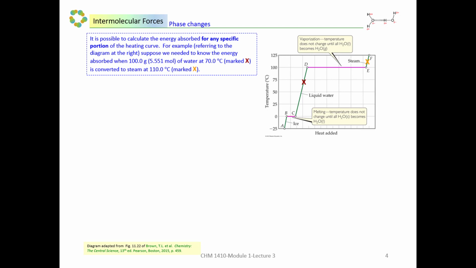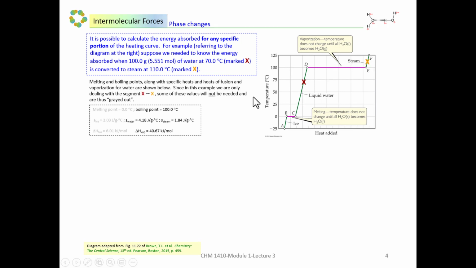Suppose we didn't want to calculate the energy going all the way from point A to point F, but rather we wanted to know the energy absorbed when 100 grams, or 5.551 moles, of water at 70 degrees is converted to steam at 110 degrees. This means we're starting as a liquid at 70 degrees.